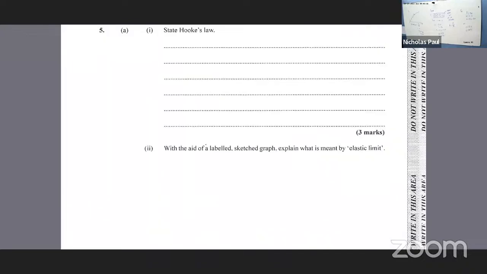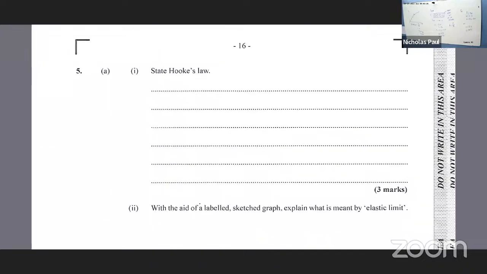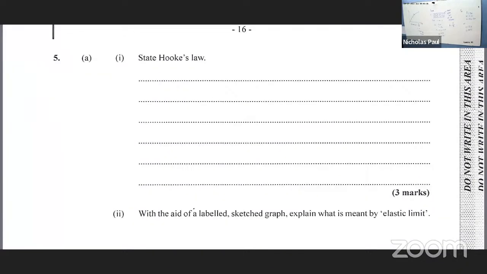For those who were able to load it, it is number 5. All right, start here.